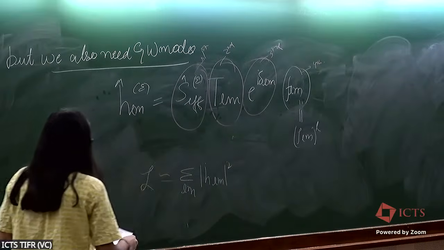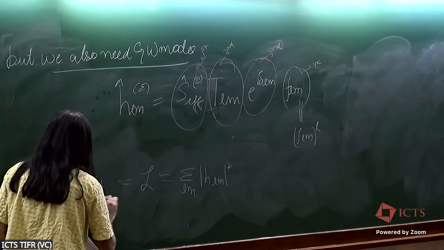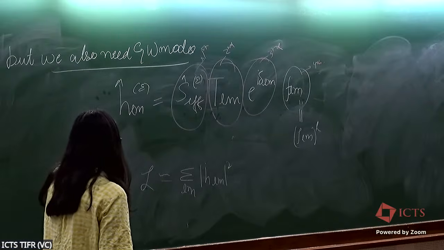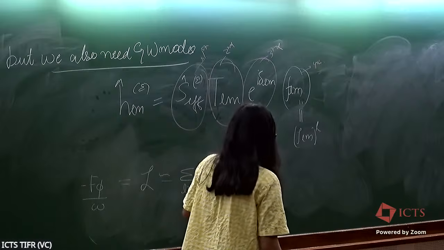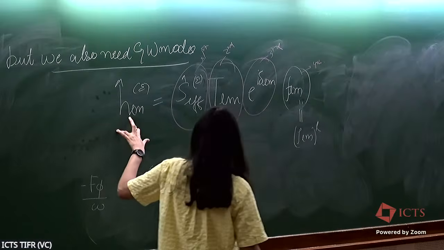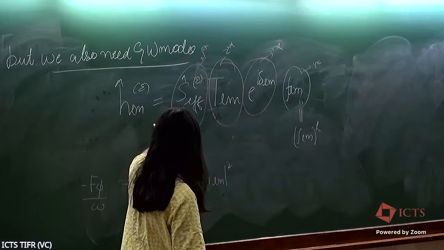And this L was related to the flux, or the force, as minus F over pi omega. So we have this decomposed, basically resummed, as every factor was resummed. So this h hat lm that we computed from multipolar decomposition is well behaved.